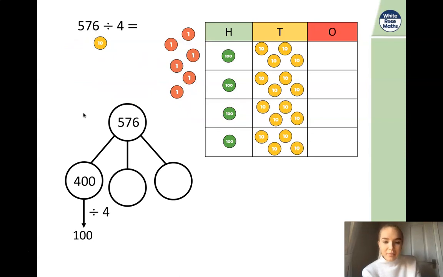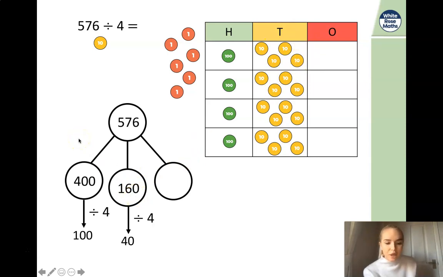And I can go back to my part-whole model and see that I have used 16 tens, which is 160. So in my place value chart here I have 160 represented by 16 tens. And 160 I can see divided by 4, I can look at one of my rows to see that I have 4 tens, so 160 divided by 4 is 40.